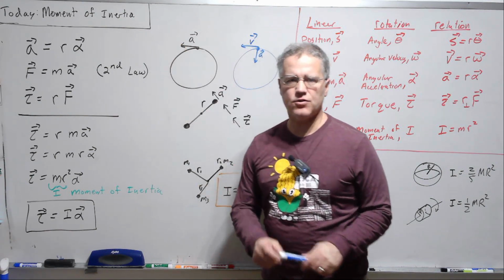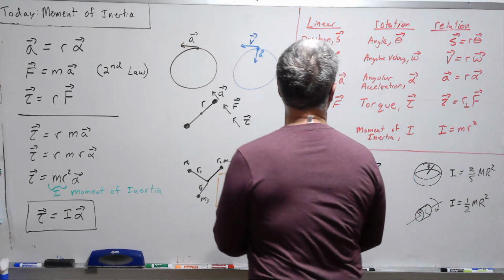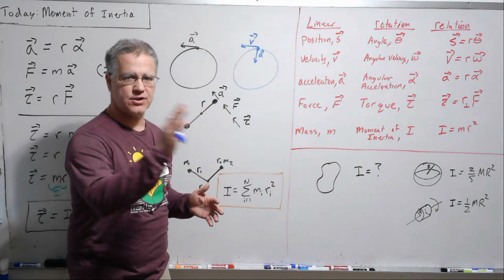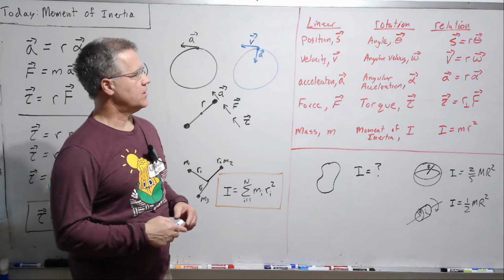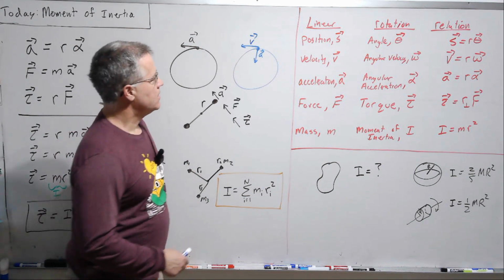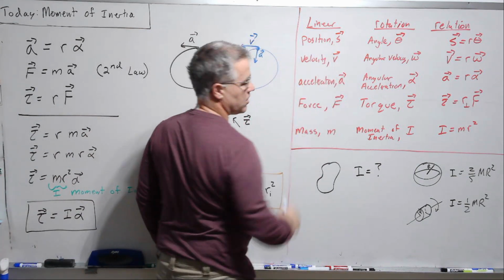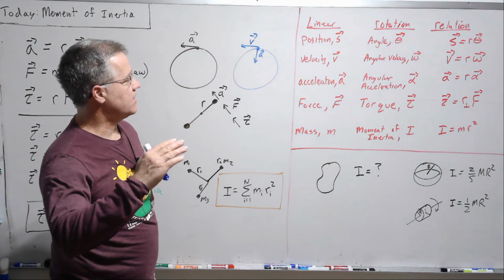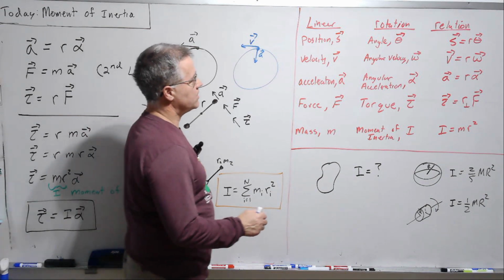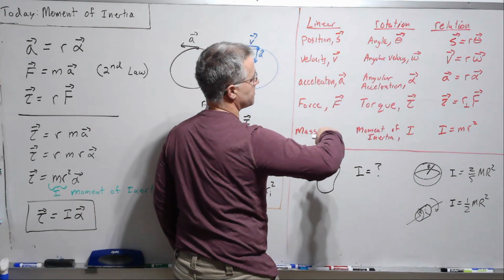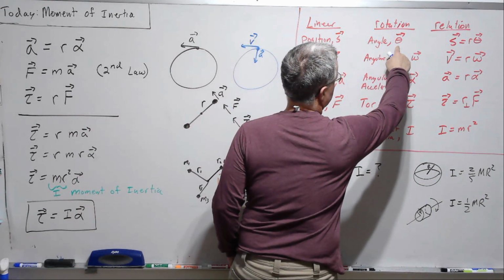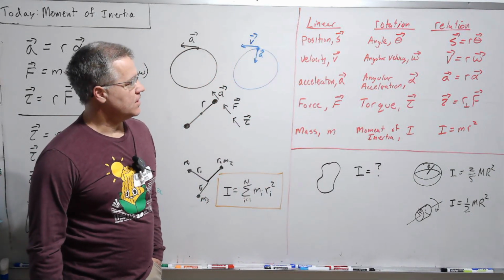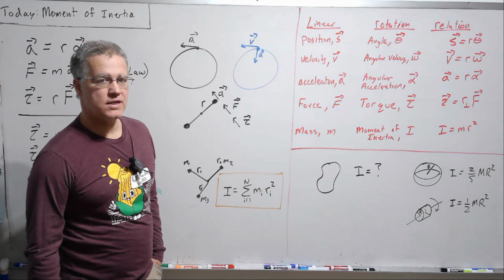Before we do that, let's recap what we've seen so far with this relationship between our linear motion and our circular motion, or rotation. Position, which we often call x or r, in this case we're calling s because that's the arc length along the rotational path, is analogous to angle, and the relationship there is s equals r theta.